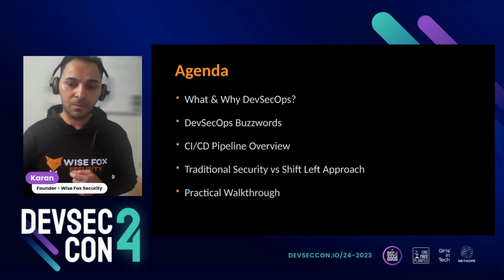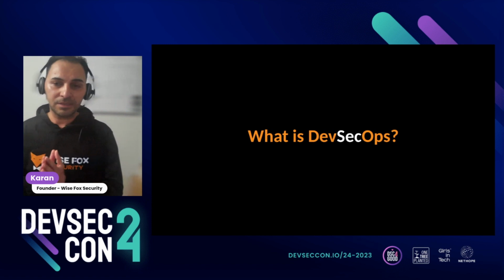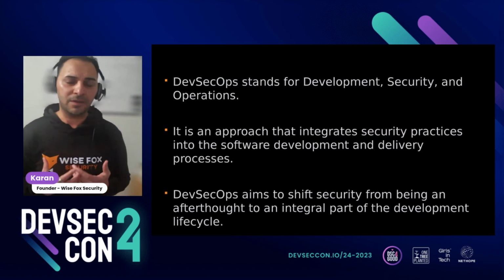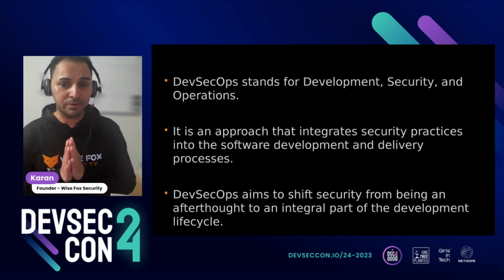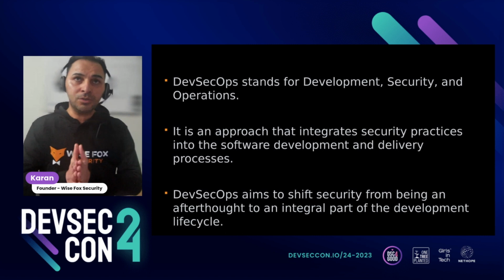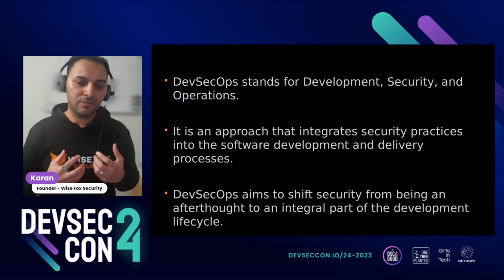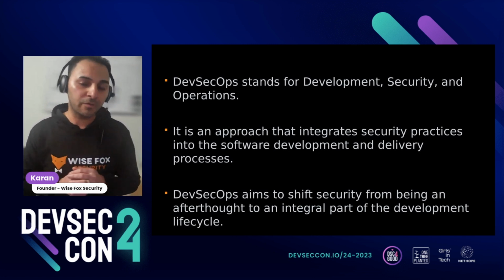With this, we will look at, first things first, what is DevSecOps? Well, everybody sort of knows what DevSecOps is. DevSecOps stands for Development, Security, and Operations. Usually, with DevSecOps, what we're trying to do is introduce our security controls in every stage of the software delivery.